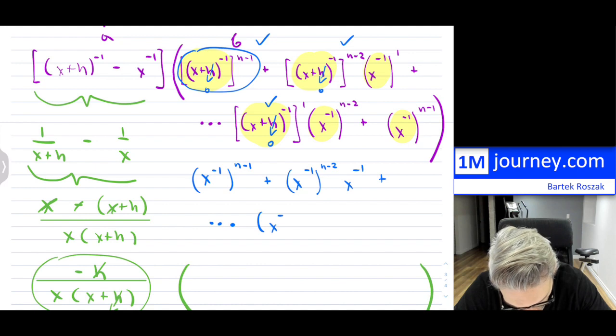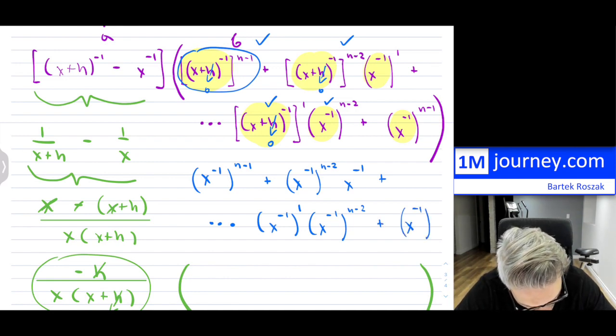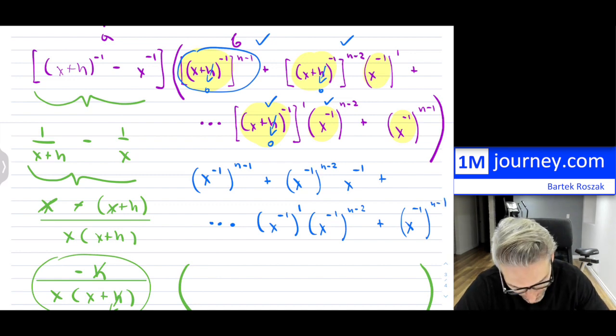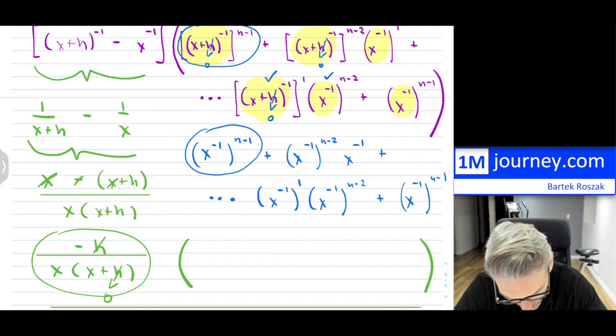So x to the -1, and that's going to be just to the 1, multiplied by this one, x to the -1, and this is n minus 2, plus, and then this is x to the -1, n minus 1. So once again, what you notice is that in all of these cases I'm going to have n terms.